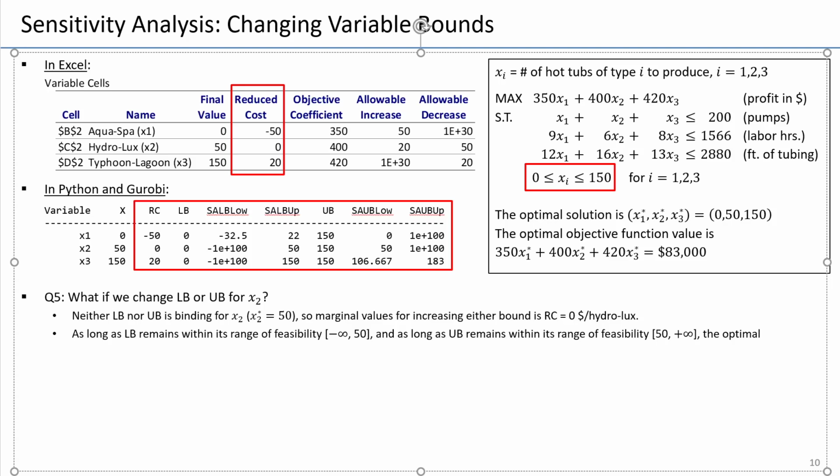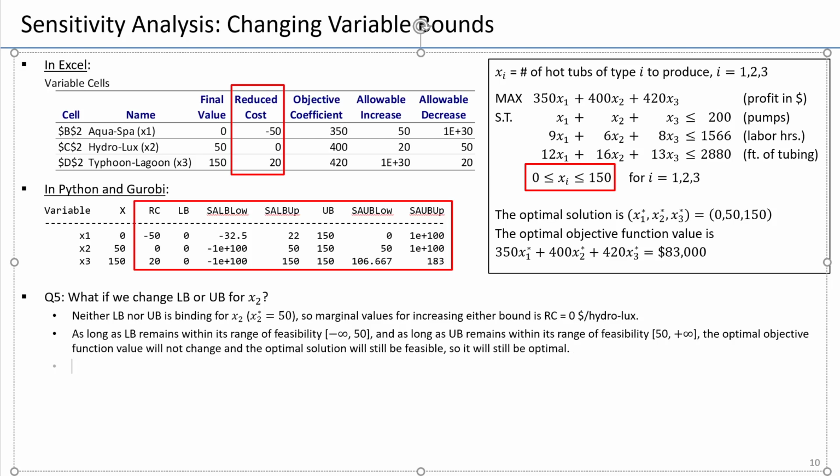So the optimal solution that we have here will still be feasible, right? So we can say the optimal objective function value will not change, and the optimal solution will still be feasible. So it will still be optimal, right?